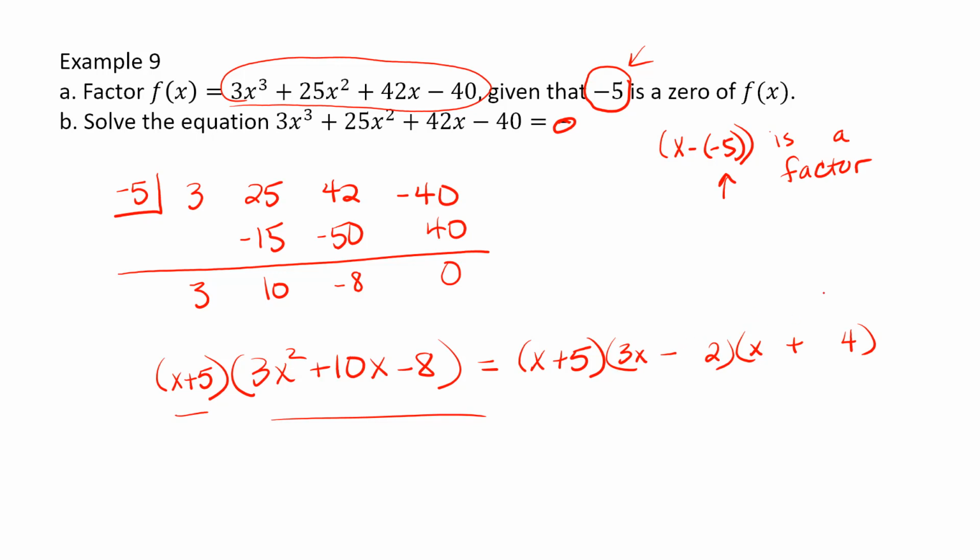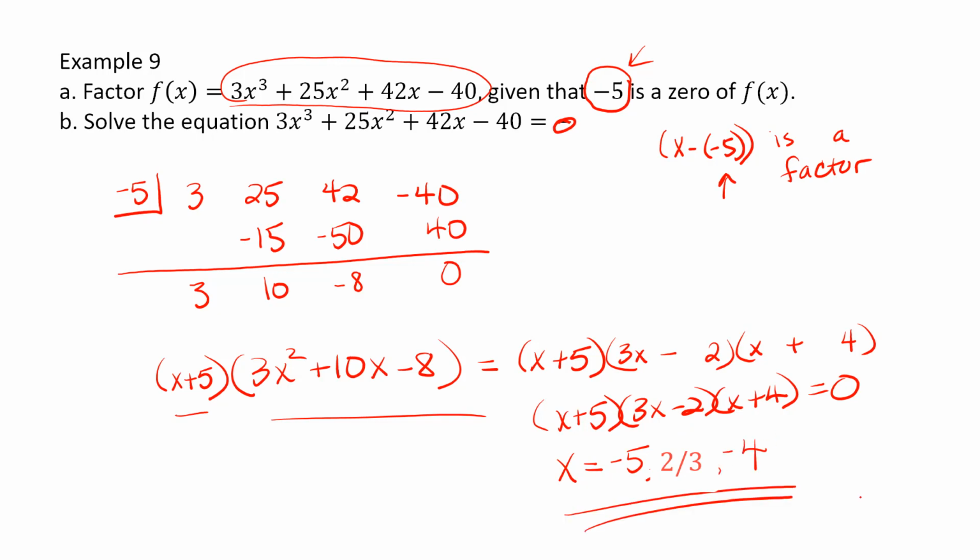So now part B says solve the equation that function equals 0. So I want to solve the equation x plus 5 times 3x minus 2 times x plus 4 equals 0 because these three factors multiply together to give me f of x, and that's what I want to set equal to 0 and solve. So since it's already factored, I know that the solution set x would be negative 5, or x could be 2/3, or x could be negative 4.